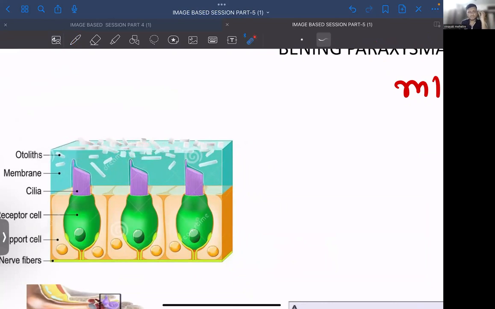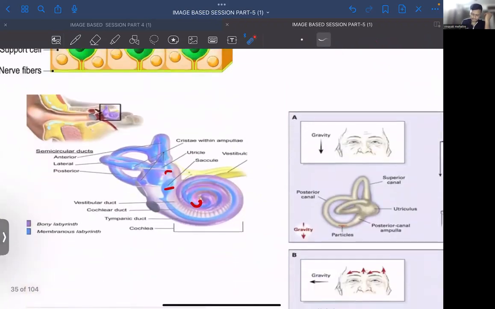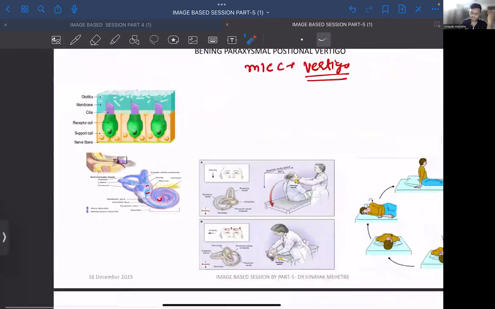By some chance, this otolith from saccule, utricle, and vestibule comes into the semicircular canal. Semicircular है ना, हाफ हाफ होते हैं. सेमी का मतलब होता है हाफ. As soon as these particles come into the semicircular canal, patient will have vertigo.